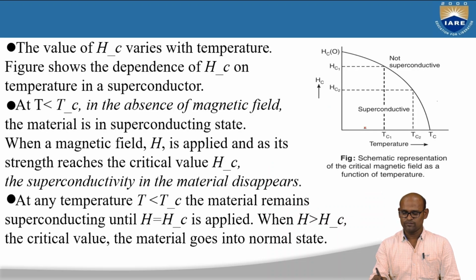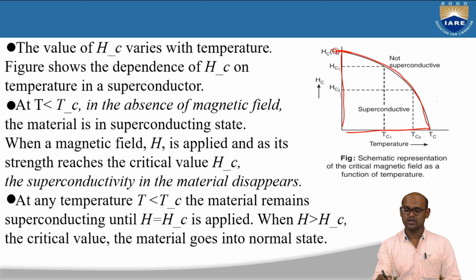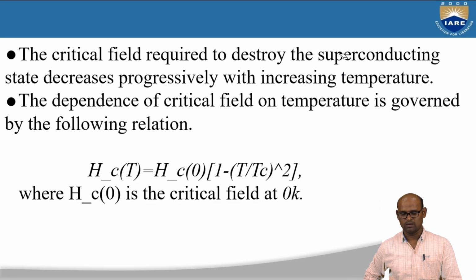This is the variation of critical magnetic field with temperature. Below Tc, the material is in the superconducting state, and also below Hc, the material is in the superconducting state. If you increase the temperature above Tc, the material will go into the normal state. Also, if you increase the field greater than Hc, again the material will go from the superconducting state to the normal state.